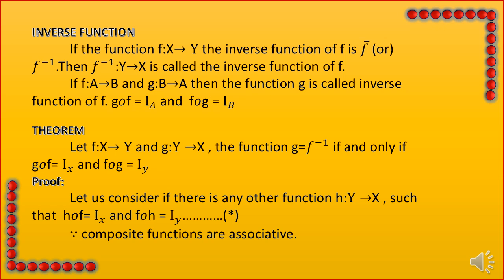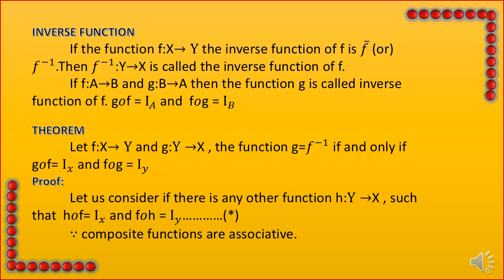Theorem. Let f be a function from X to Y and g be a function from Y to X. The function g is equal to f inverse if and only if g composition f is equal to I_X and f composition g is equal to I_Y. Proof.